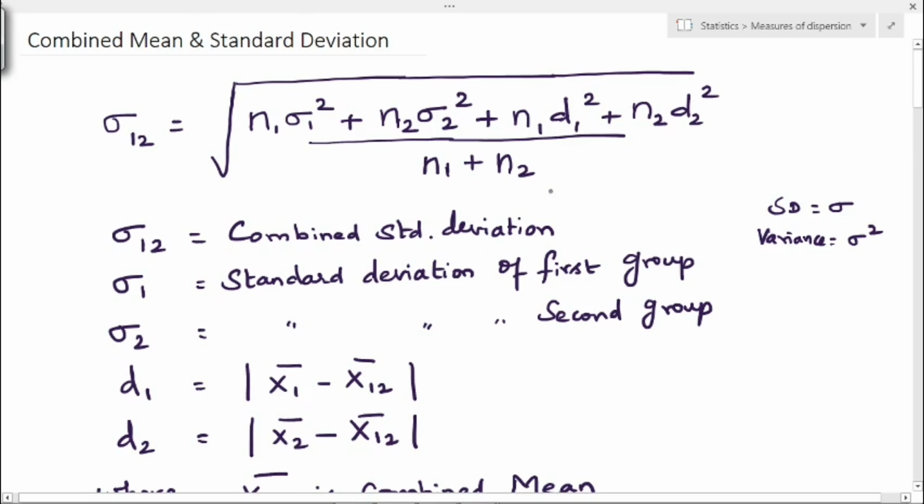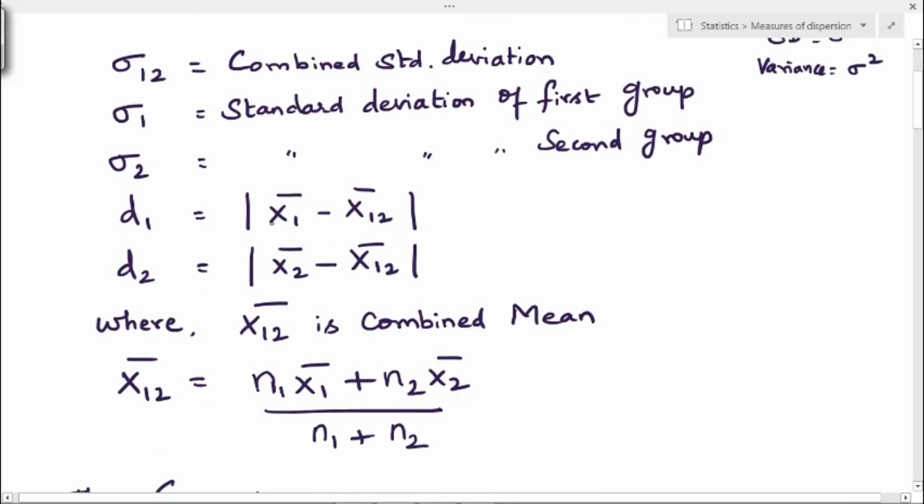Next, the value of d1 is the modulus of x1 bar minus x12 bar. This x1 bar is the mean value of the first group and this x12 bar is the combined mean of the two groups. Next, the formula for d2 is the modulus of x2 bar minus x12 bar. x2 bar is nothing but the mean value of the second group, and this x12 bar is again the combined mean of the two groups.